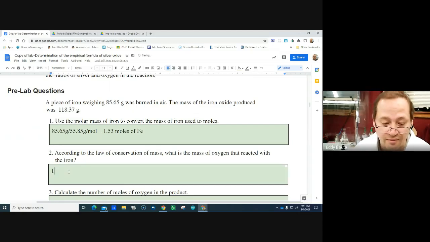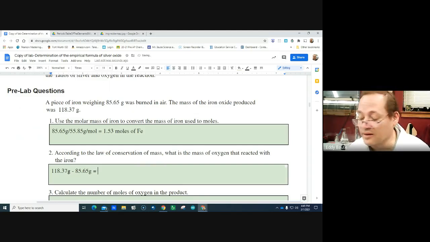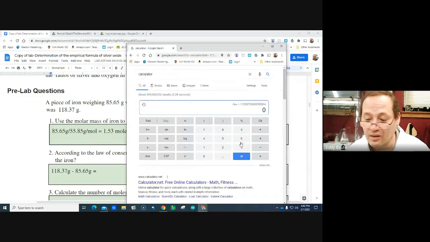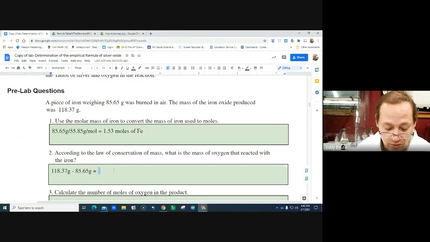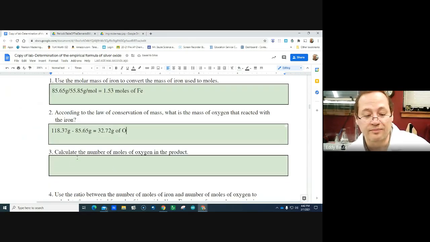So we have 118.37 grams minus 85.65 grams, and that is the way you get the mass of oxygen. That gives you 32.72 grams of oxygen.